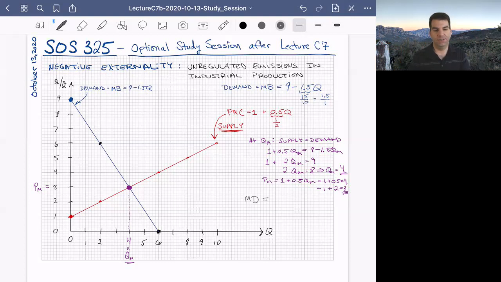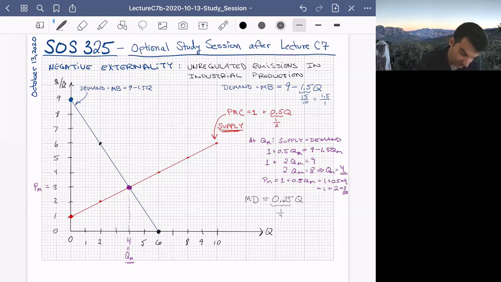And we can model that marginal damage curve. Let's say the marginal damage curve was 0.25 Q, which is equal to rising 1 for every run of 4. I can then plot the marginal damage curve.